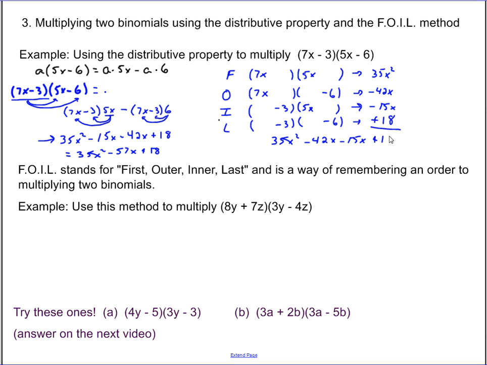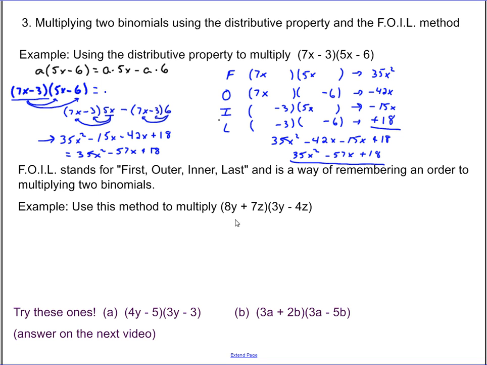And when we add those together, our like terms give us 35x squared minus 57x plus 18. That's the answer we were looking for. So this one, even though I wrote it out sort of the longish way up here, should give you an idea of what we mean by FOIL. It's really just a method for remembering distribution.